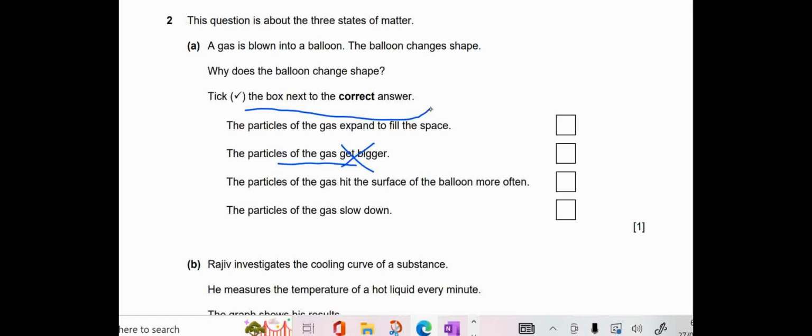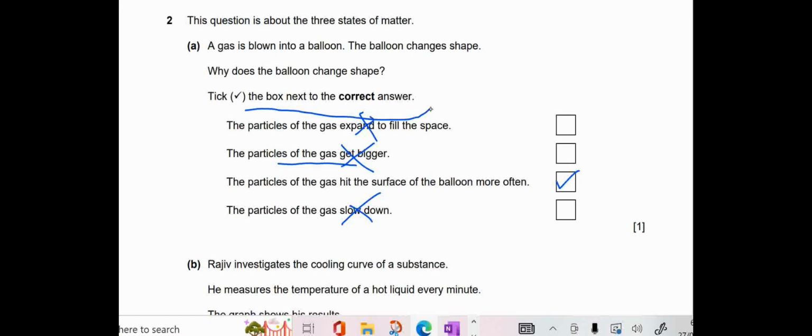That should be correct. The particles of the gas slow down? No, it depends on temperature. The particles of gas expand to fill the space? That is the diffusion. So the reason is this one: the particles of gas hit the surface of the balloon more often, and it increases the pressure. So when pressure increased, the volume expands.